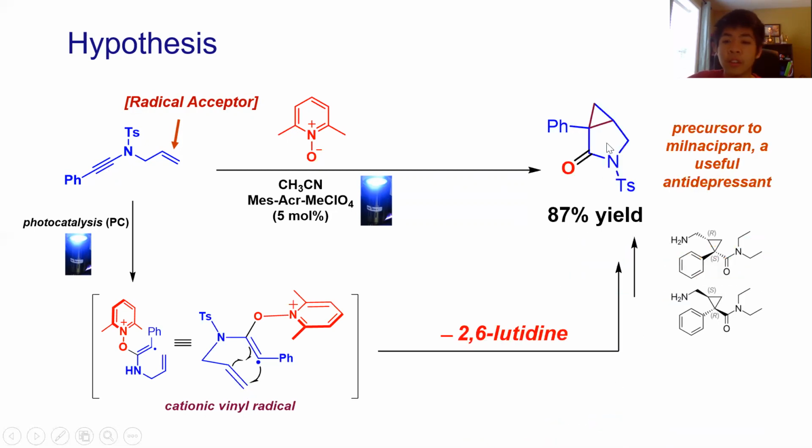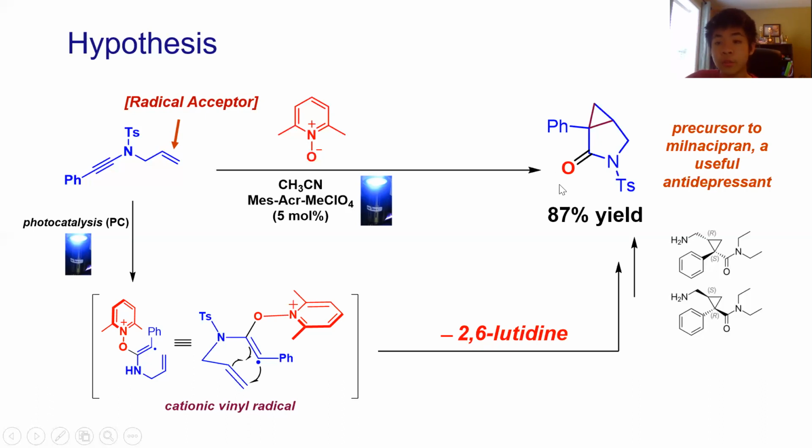And in the process, it forms this bicyclic ring structure. A bicyclic ring is a 3-membered ring fused with a 5-membered ring. And we had 87% yield with our product, which is a pretty decent yield.